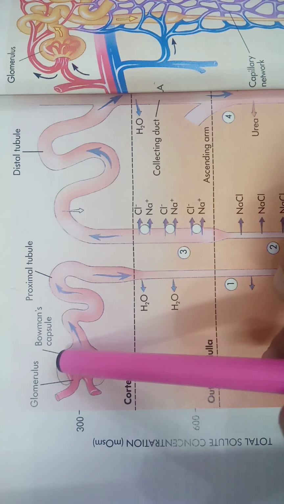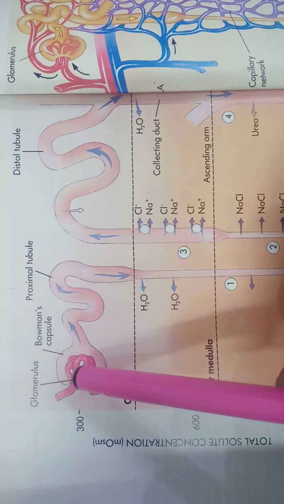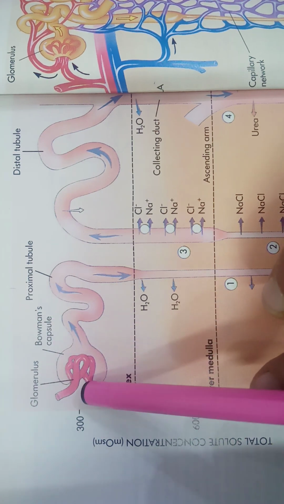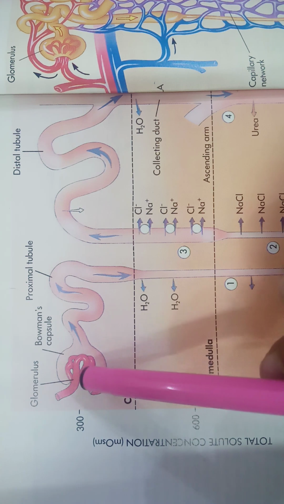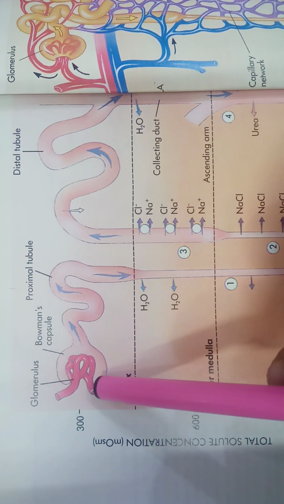The Bowman's capsule has a space where blood plasma is filtered from the blood into the Bowman's capsule.